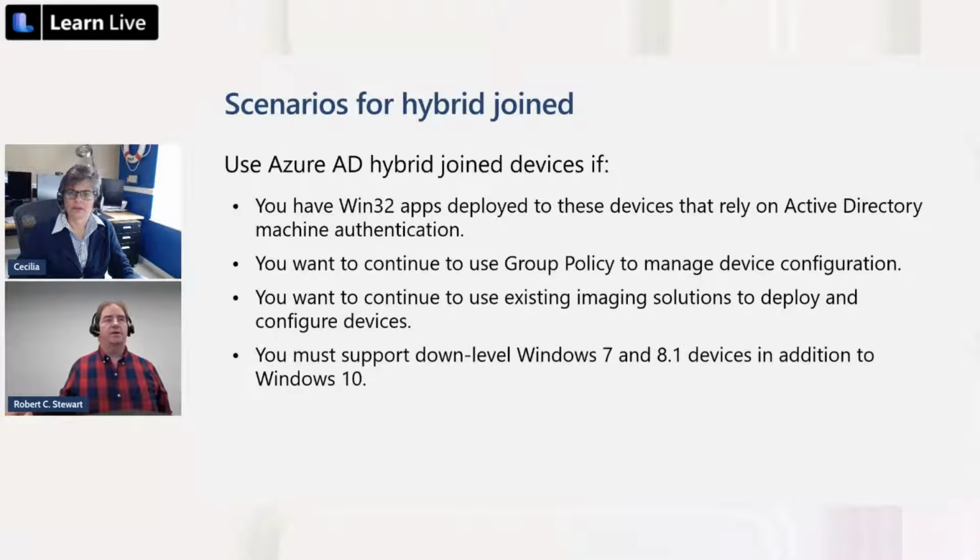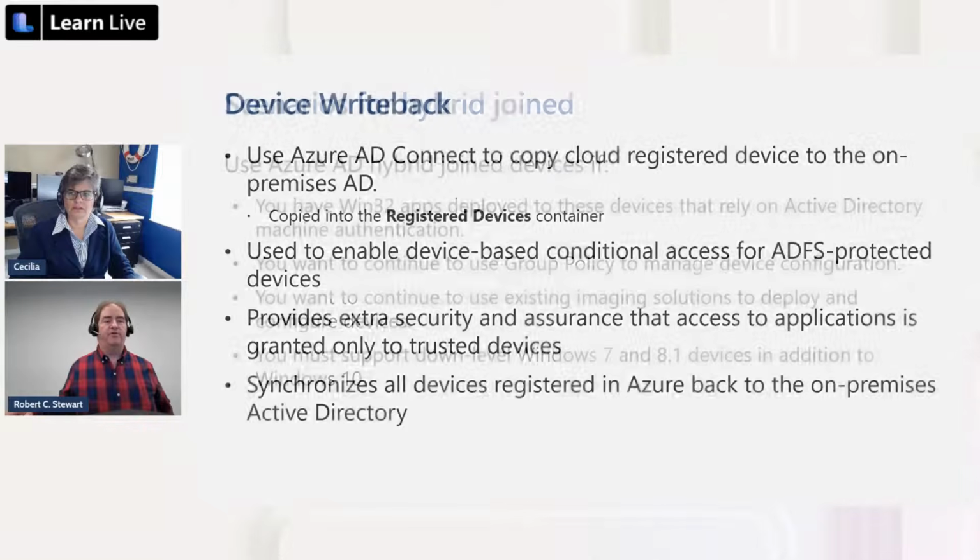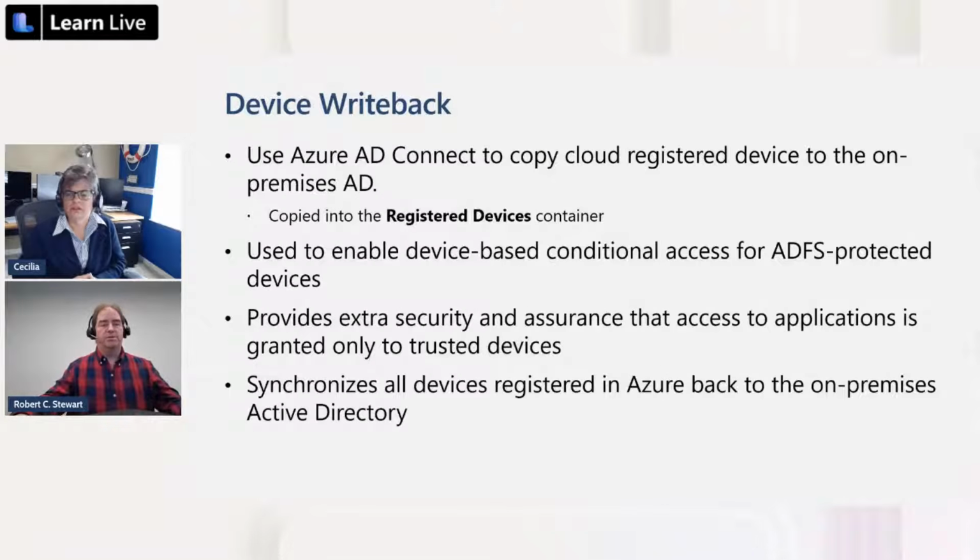The last thing that I'm going to talk about here is, if you've got your devices on premises and you've used Azure AD Sync or AD Connect to move them into the cloud, is that a one-time process? It does not have to be.